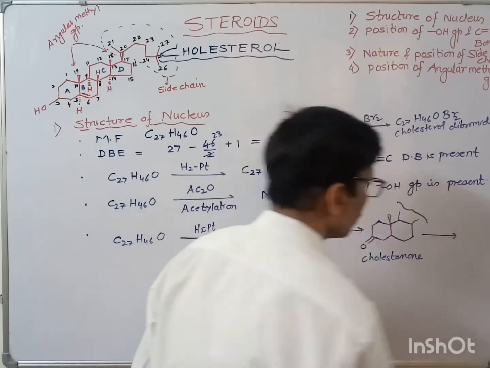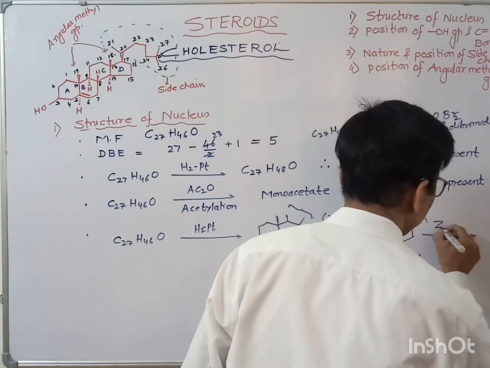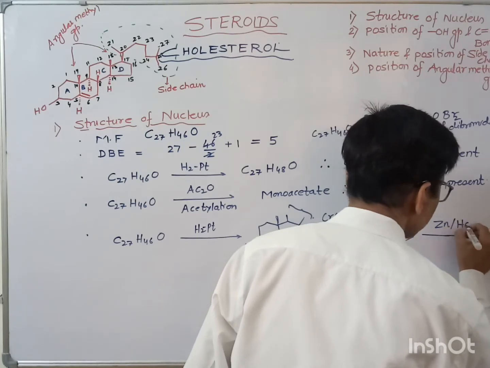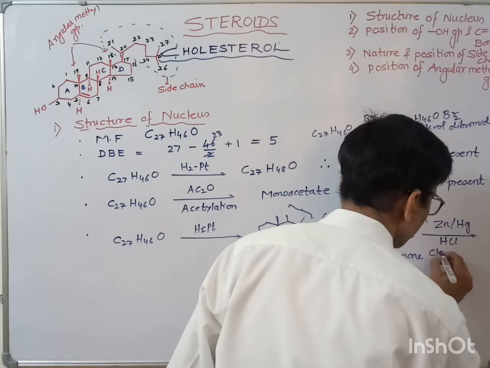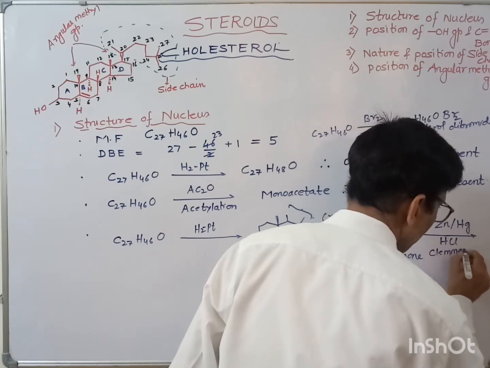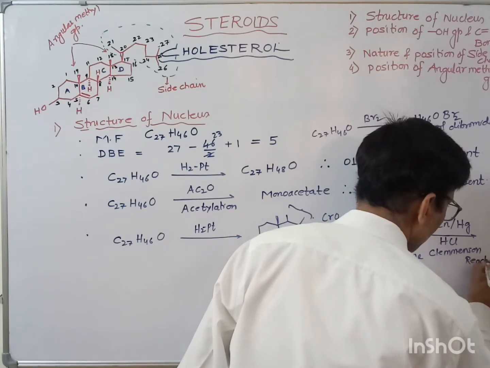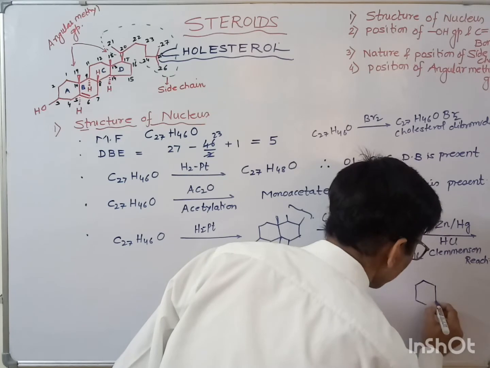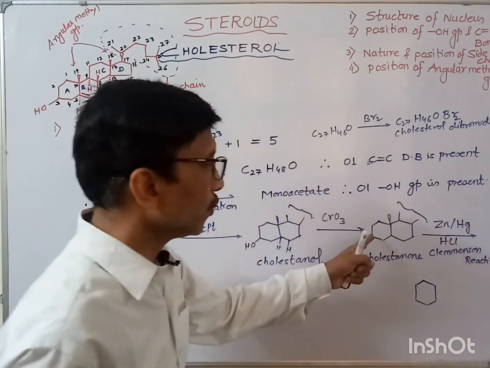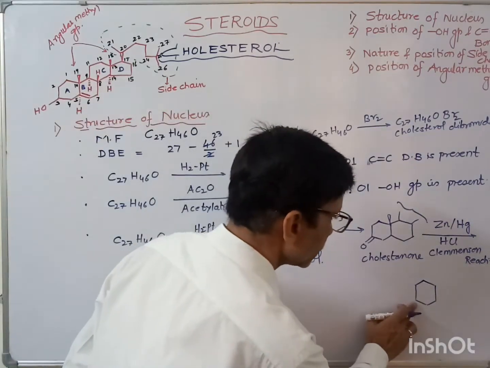And further, on treatment with zinc amalgam and HCl, when it underwent the Clemmensen reaction, then this C=O keto group converts into CH2 here.